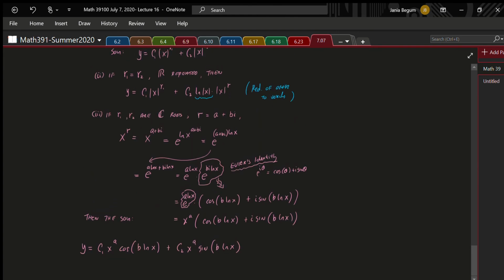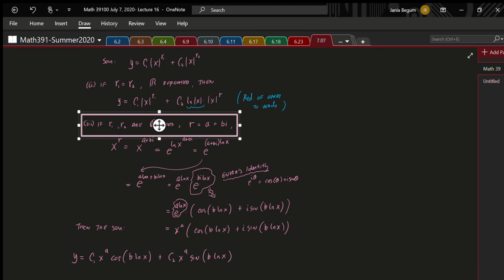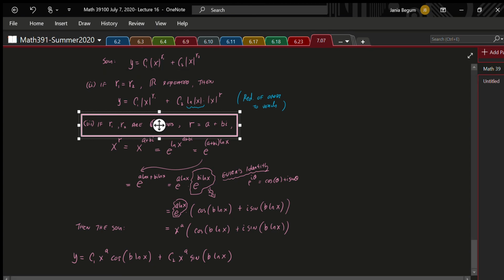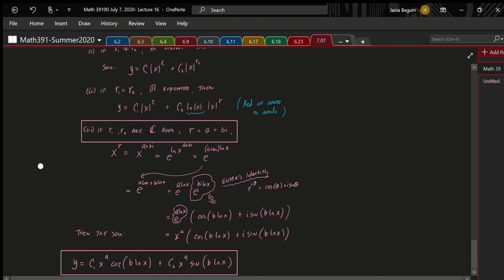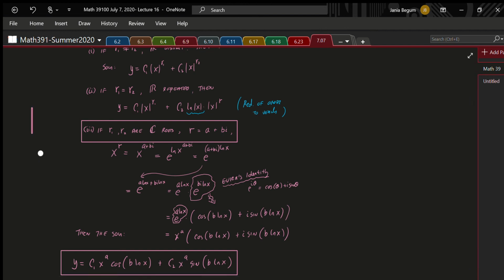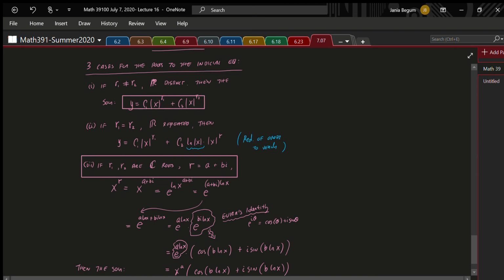So yeah, we have three different cases. If the roots are real distinct, that's the solution form.